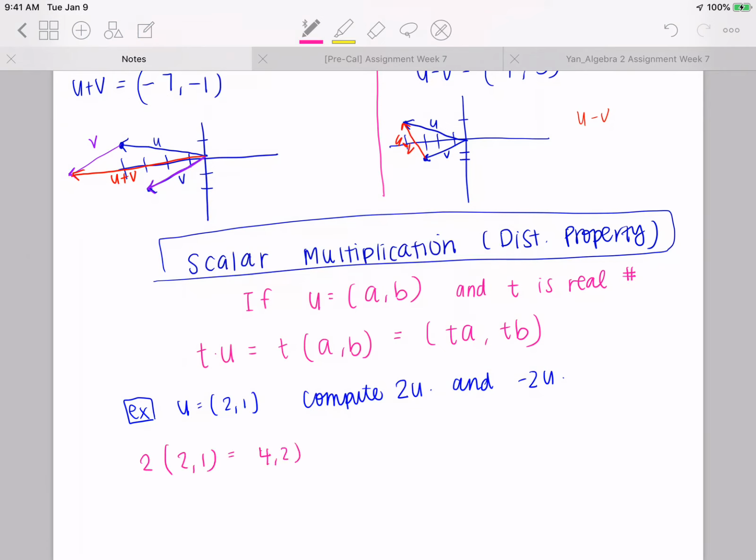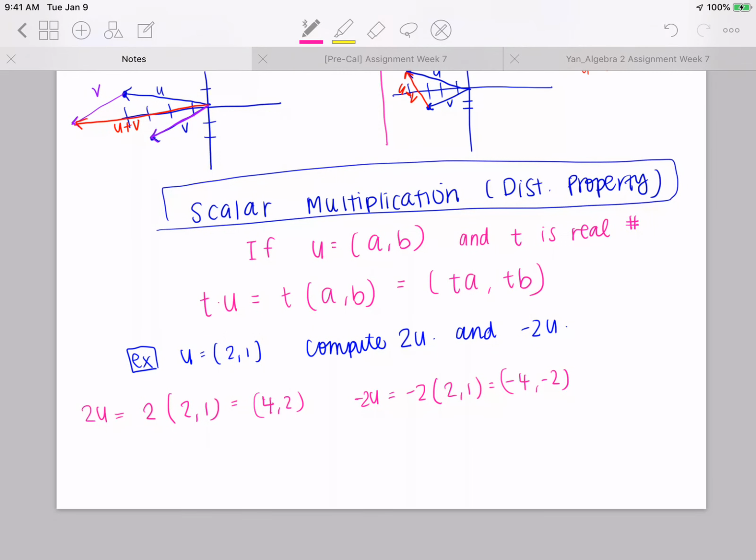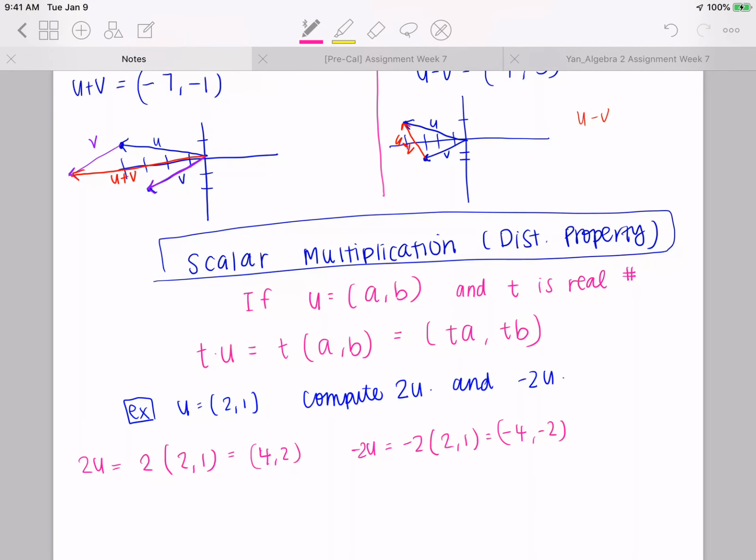And this would be 2u and negative 2u. That's only if you have a regular number times a vector. Then you just distribute it in.